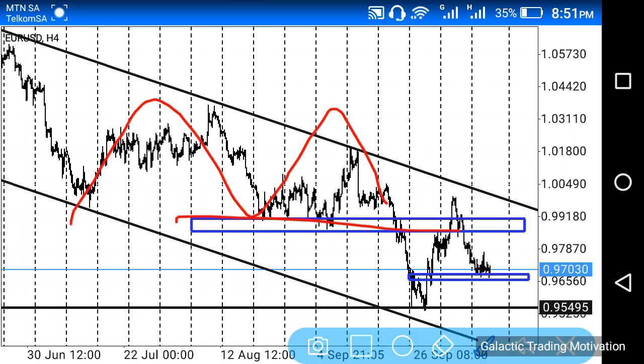Which means that this whole area here is a very strong area of resistance. So should price head back to this level, we should potentially look for selling opportunities, and our first take profit should be this zone over here where we have the neckline of this W structure.